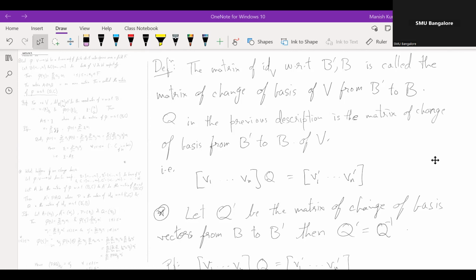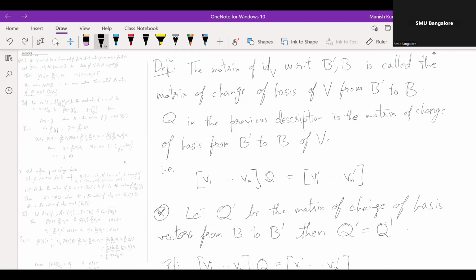But to remember this, you can remember it more easily via this formula. Q is the change of basis matrix from B prime to B, which precisely means this formula, which you can see on the left-hand side as well, but I'll write it bigger here.